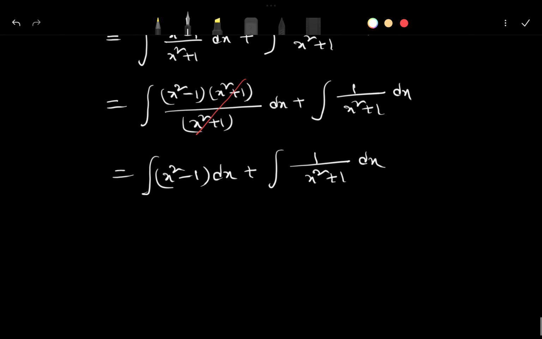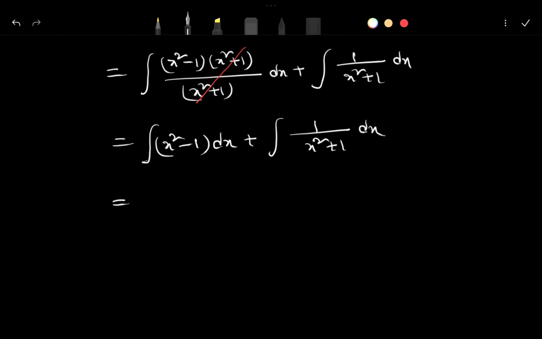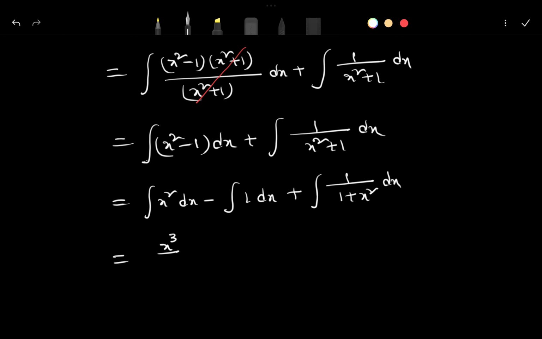Now all of you please see this: integration of x square into dx, minus integration of 1 into dx, plus integration of 1 by 1 plus x square into dx, right? That is equal to the integration of x square, which is x cube whole divided by 3, minus integration of 1 into dx, which is x, plus tan inverse of x plus c.